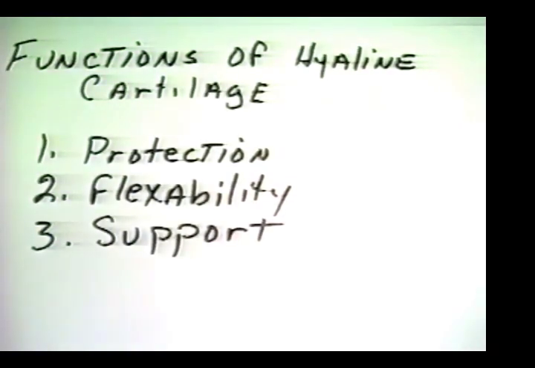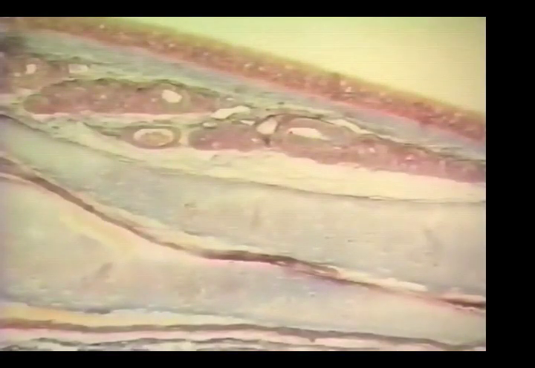Let's look at hyaline cartilage under the microscope. Hyaline cartilage is going to be located on the same slide that you used in identifying the pseudostratified columnar epithelium. This is the pseudostratified columnar epithelium here. You have your basement membrane and you have connective tissue all through here.